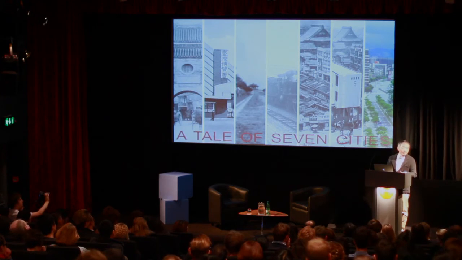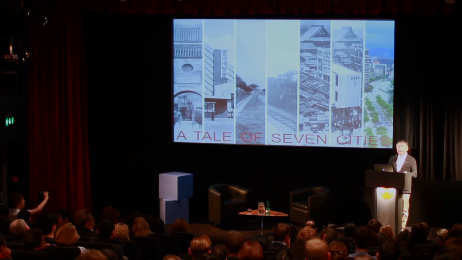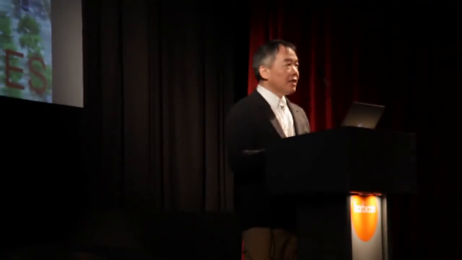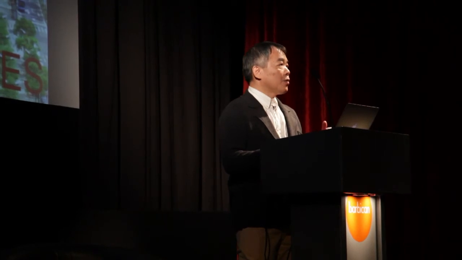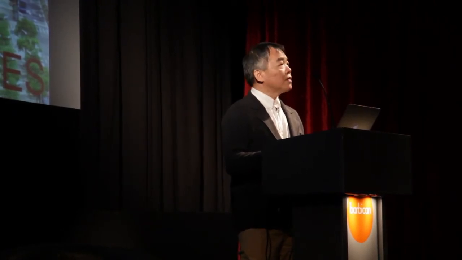So I thought it's not inappropriate or irrelevant to talk about a walled city in Taipei, which would be my first part of the talk, and my second part would be an analogy of what an architect can do in that part of the world. So here we go.